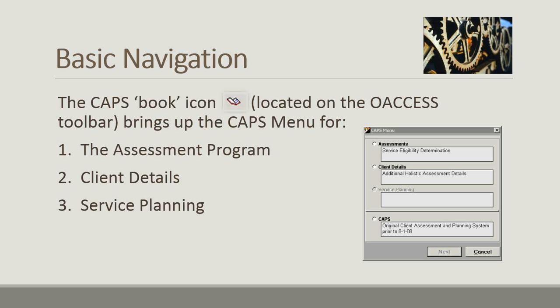There's assessment, there's client details, and there's service planning. If you've been following these trainings, you will already be familiar with the assessment button. That's how we begin or get back to edit an assessment. Client details, we discussed at the last training. That's where we would enter the diagnosis for the particular individual.